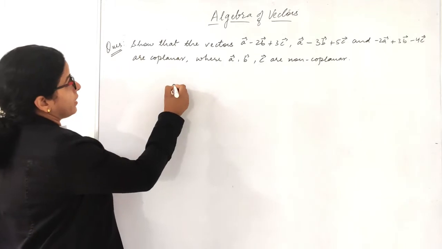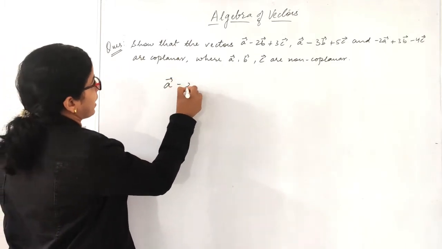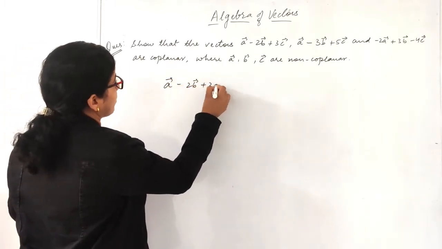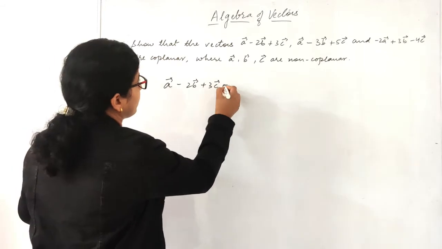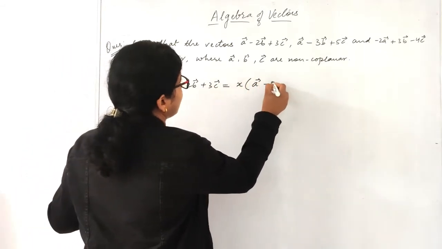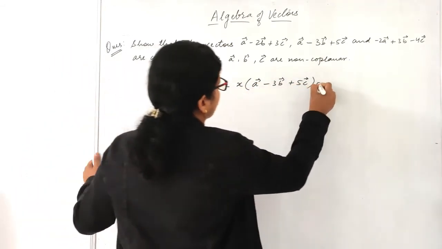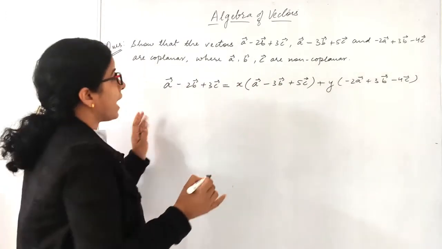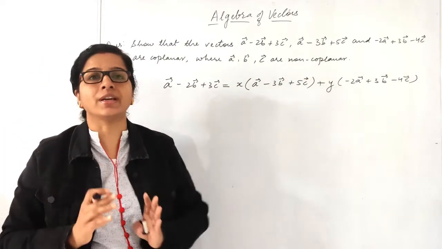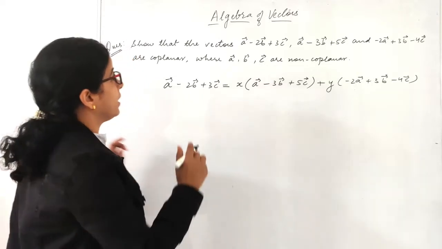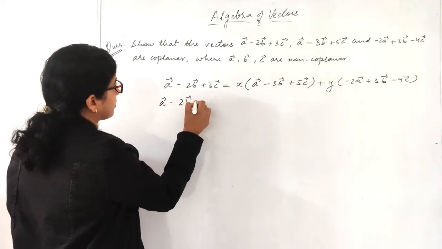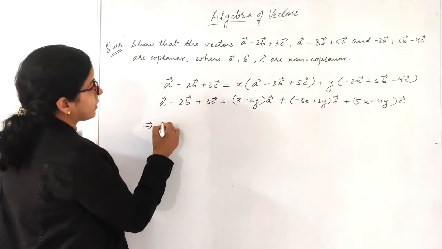So here I will write A vector minus 2B vector plus 3C vector equals some linear combination of these vectors. From here I will get 3 equations in x and y. First let us rearrange it. So this yields 3 equations.